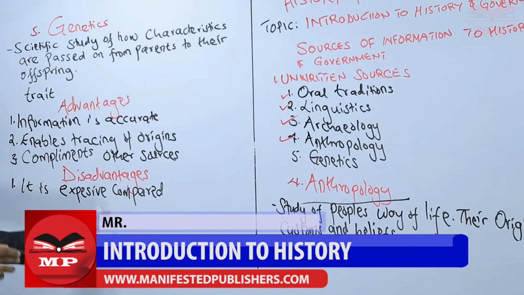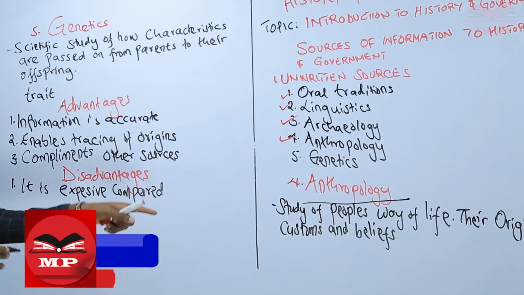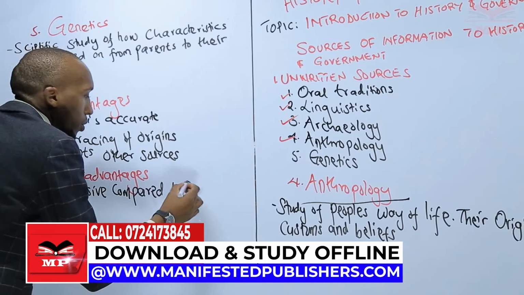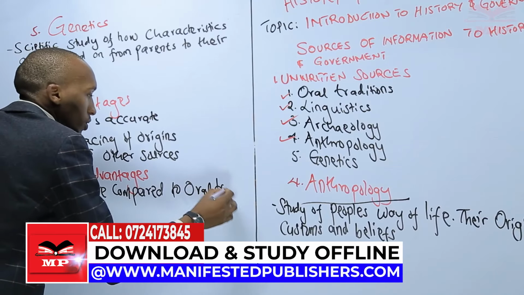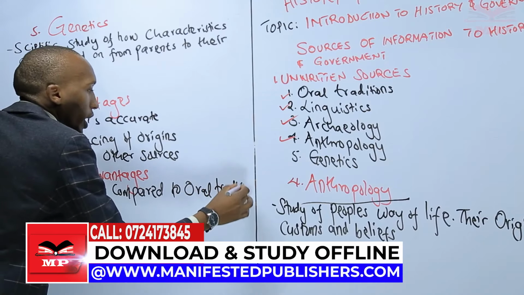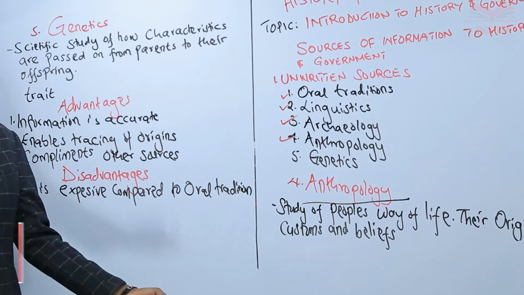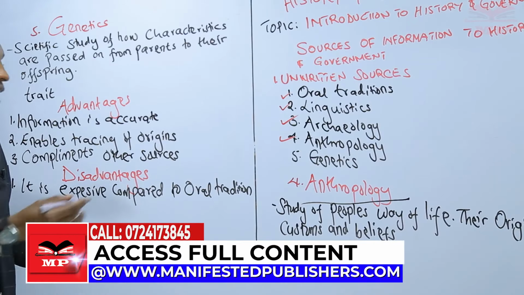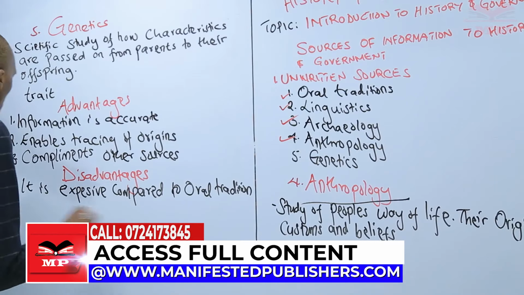You do not just say it is expensive. You have to compare it with another one. It is expensive compared to, for example, oral traditions, which just require you to learn a song, to learn a language, right? To learn a riddle, right? So it is expensive.